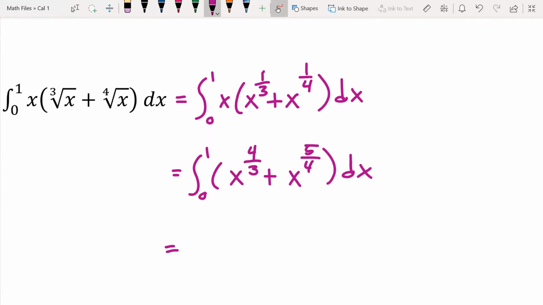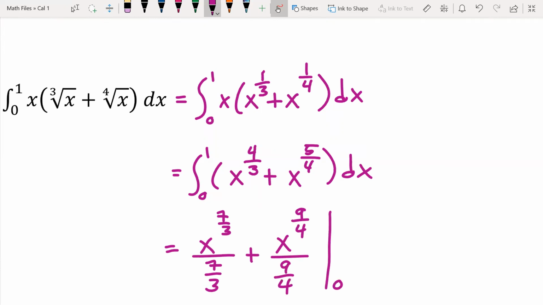So x to the 4/3 plus 1 gives me x to the 7/3 over 7/3, plus x to the 5/4 plus 1, which should be x to the 9/4 over 9/4, evaluated from 0 to 1.